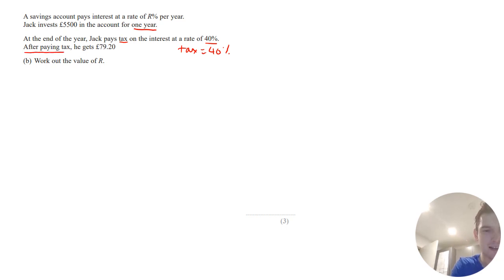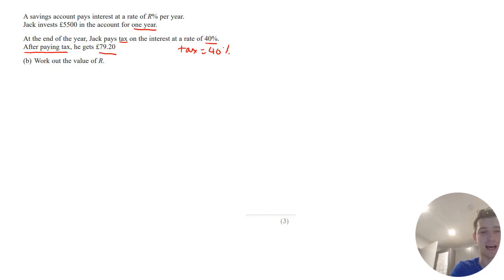After paying tax, he gets £79.20. So what does that mean? Well, if he's taxed 40%, that means he gets the other 60%.